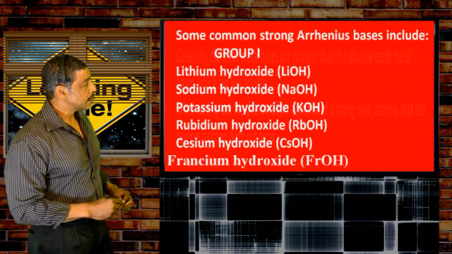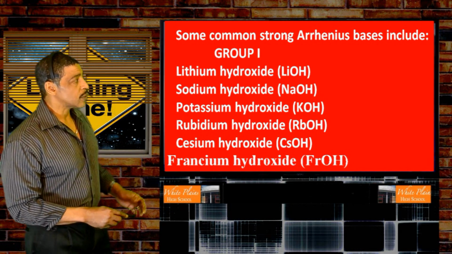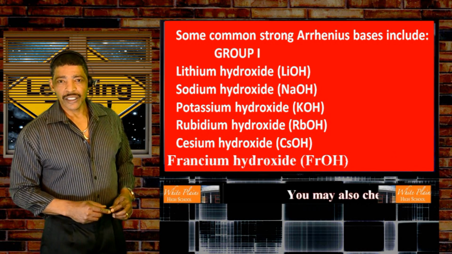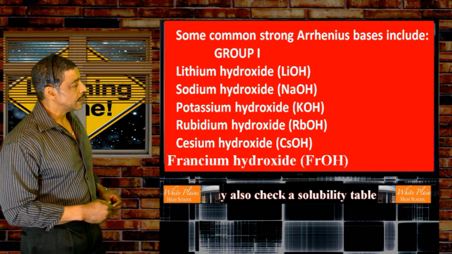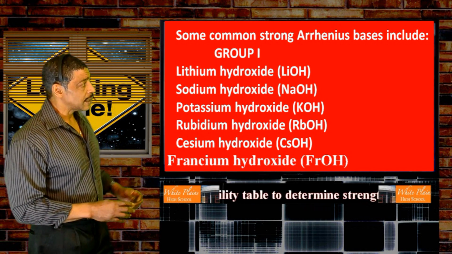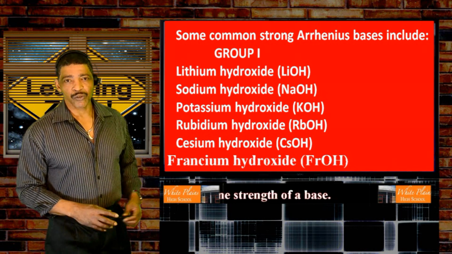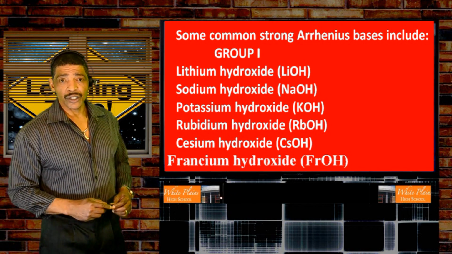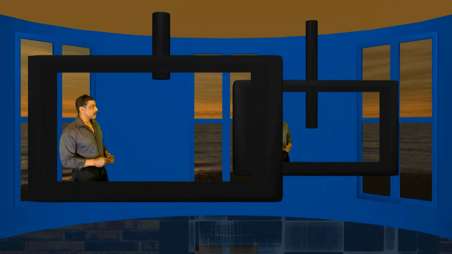From group 1, LiOH, NaOH, KOH, RbOH, CsOH, and FrOH are listed in order of increasing strength, where cesium hydroxide, CsOH, is powerful enough to corrode glass, and francium hydroxide, FrOH, is the most powerful base. However, because francium is radioactive, undergoing beta decay, the usefulness of francium hydroxide is limited.